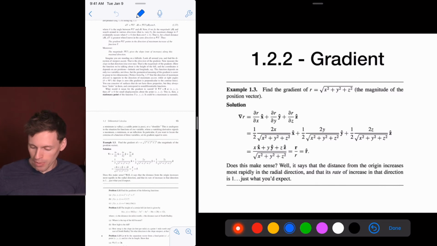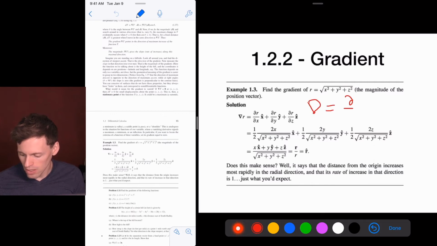So here's an example, example 1.3. Find the gradient of this function, r is equal to the square root of x squared plus y squared plus z squared, which is the magnitude of the position vector. And if we do that, we take the three-dimensional derivative with respect to r, and that's defined as, remember, del is equal to d/dx x hat plus d/dy y hat, and so on.